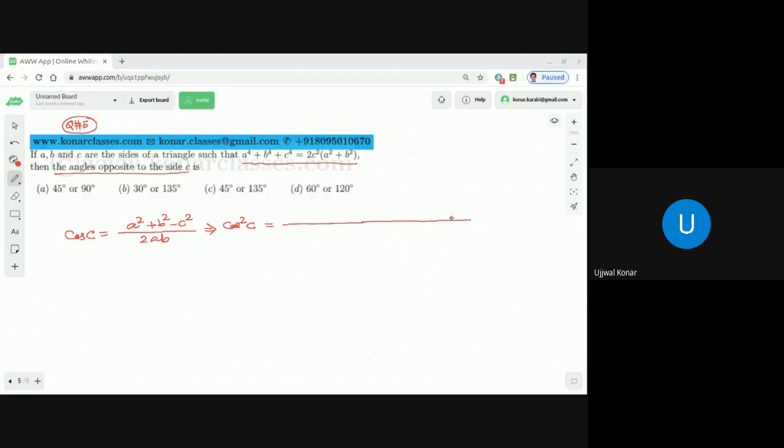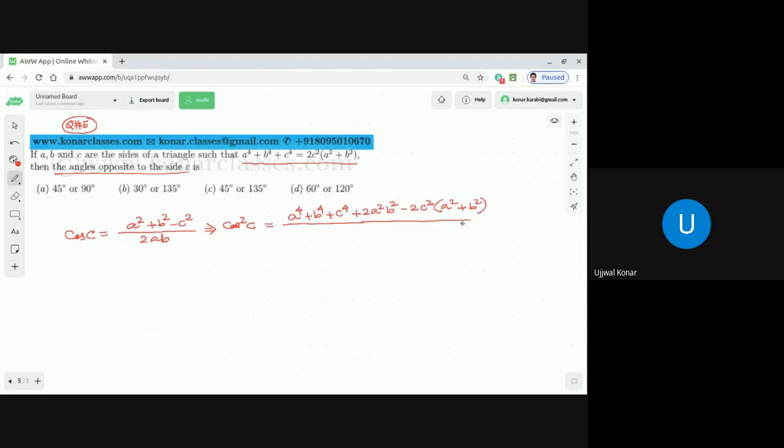What are we going to get? If you expand it, dear students, it is a power 4 plus b power 4 plus c power 4 plus 2a square b square, minus 2c square into (a square plus b square).